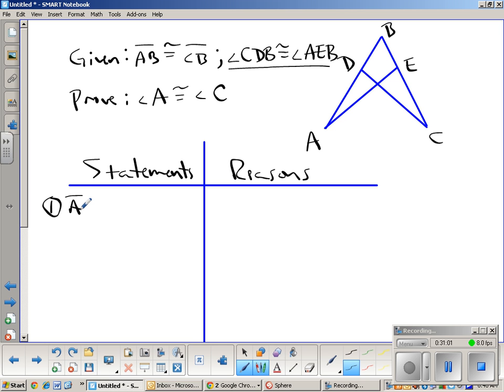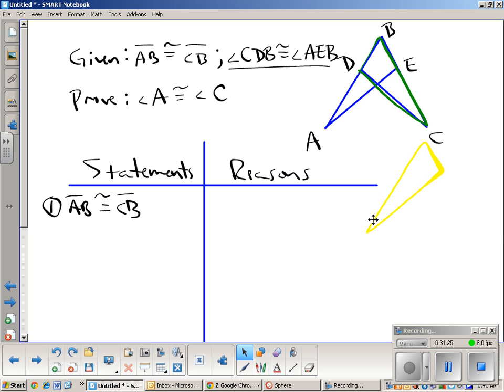segment AB congruent to segment CB. Listen, you should be marking these. I saw somebody separating these.